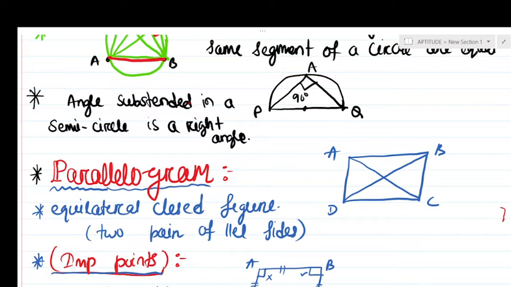And then, if you draw a semicircle, and this is the diameter of the circle, and you draw these two lines to the circumference of the semicircle, that angle should be 90 degrees. This is another important property.